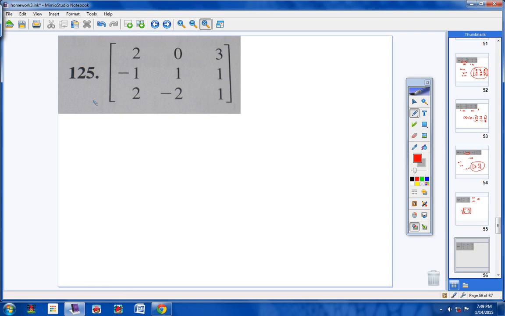And the directions say to find the inverse. Well, I've told you guys, anything larger than a 2 by 2, you just type it into your calculator. So type this in your calculator, and let's pretend you entered it in matrix A, okay? After you've entered this matrix, go back into matrices and hit enter on A, if that's where you put this matrix, and this will pop up on your page.